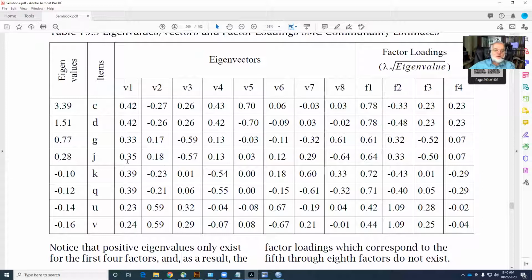Now, over here, if we're looking at our eigenvalues, notice that I've got a slightly different picture than I had before. In other words, now I've got some negative numbers for eigenvalues out here. Eigenvalues correspond to a factor variance. I can't have a negative variance on a factor.